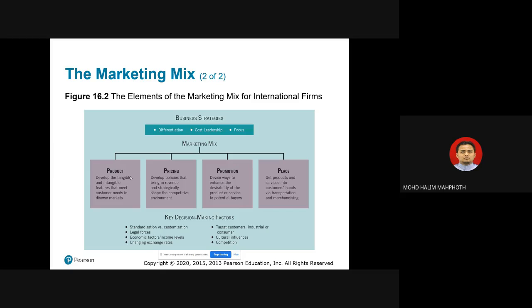They can offer different flavors. So they will develop a product with the flavor they want to export to China, maybe curry flavor or asam laksa flavor.